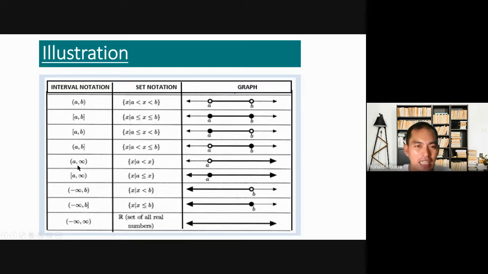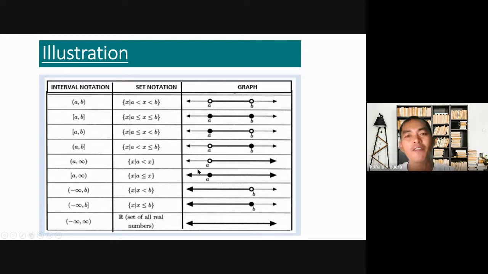Okay, dito tayo. So, open interval from A to infinity, positive infinity. Meaning, it's one way of expressing values. So, in set notation, x such that x is greater than A. So, pwede rin baliktad dito yung x is greater than A. Meaning, from A, going to the right.